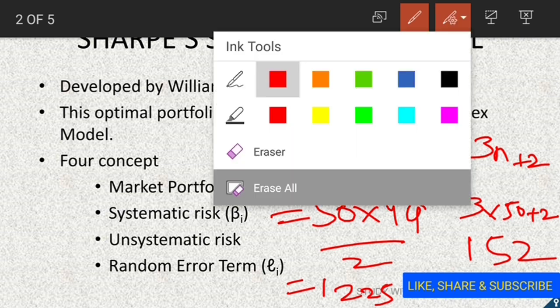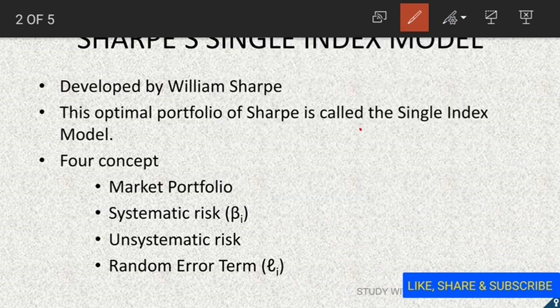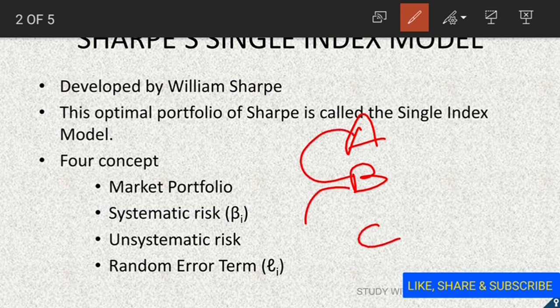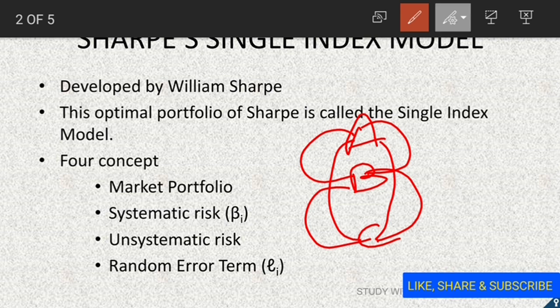In the Markowitz model, the correlation of one security is studied with the other, like A with B, B with C, C with B, B with A, and A with C and C with A. Similarly, the correlation of one security with the other security is studied.